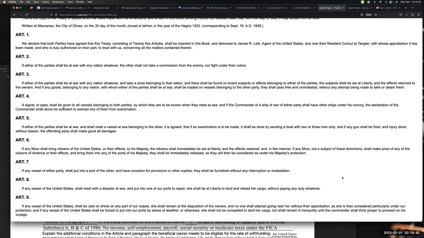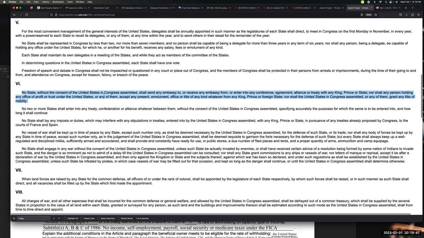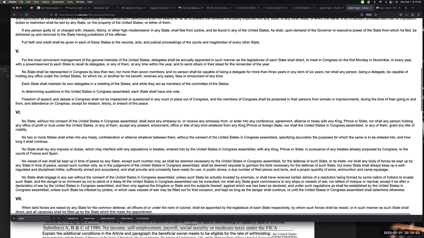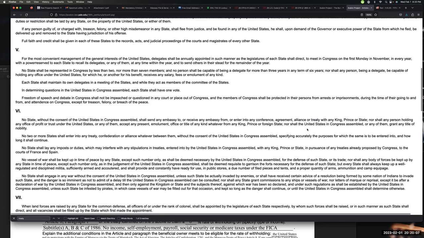So now that you know that, you also need to know the Articles of Confederation. This is Section 6, and it's talking about how the style of confederacy, which is the United States of America, deals with treaties. And it says treaties with any king, prince, or state, none of them shall grant any title of nobility, right? Any title of nobility.